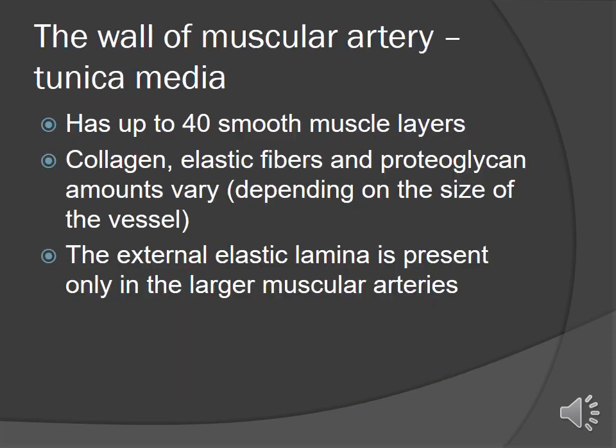The tunica media of a muscular artery is composed of concentrically located smooth muscle cells with scanty elastic fibers located between them. Larger muscular arteries may have as many as 40 layers of circularly arranged smooth muscle cells.